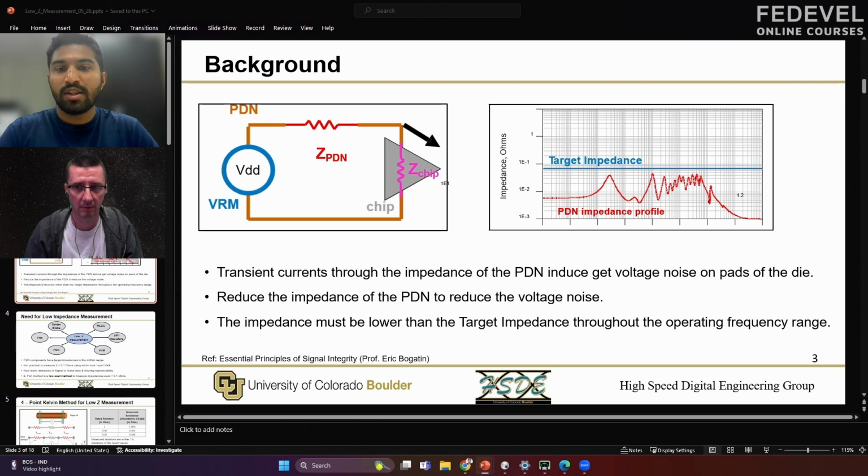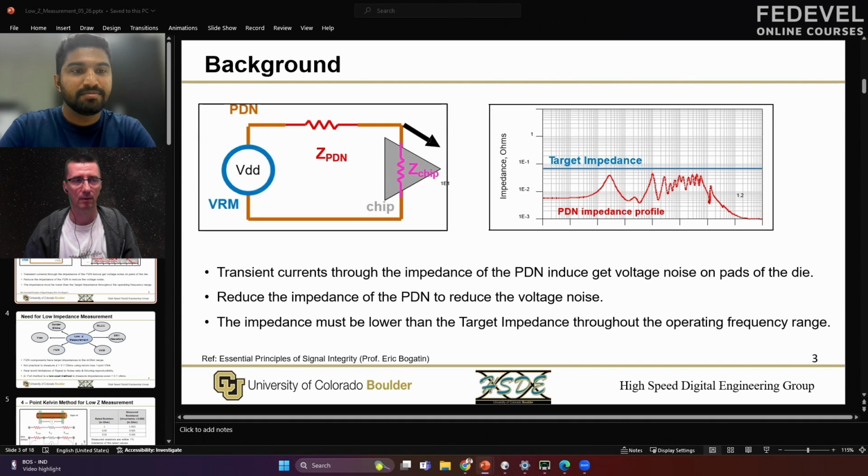So it is basically all the bulk capacitors, the ceramic capacitors that we have, the PCB planes and vias, the bulk vias, the package capacitors, everything that's in the way from the VRM to the pads of the die. All of them have an impedance, and this cumulative impedance that the chip is going to see when it looks at the VRM is called the impedance of the PDN.